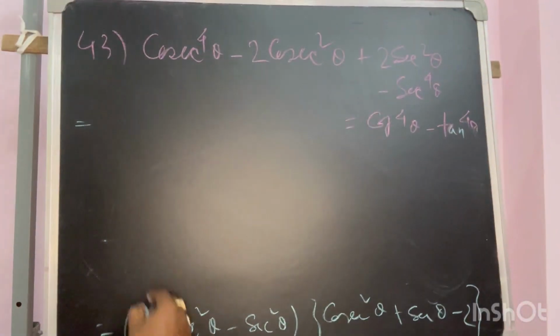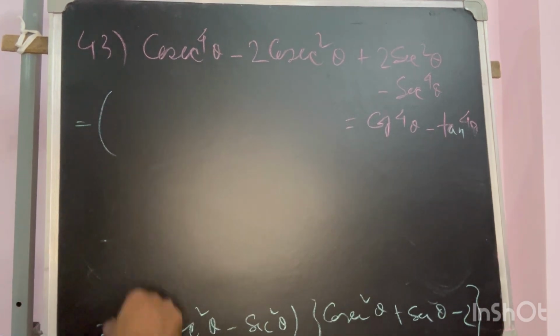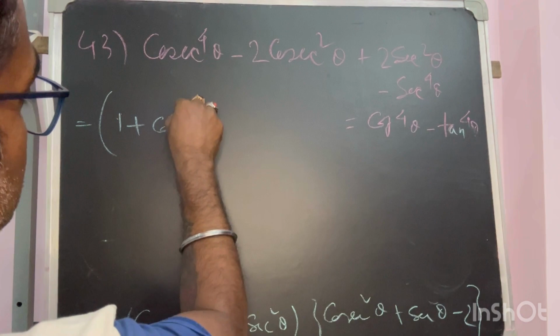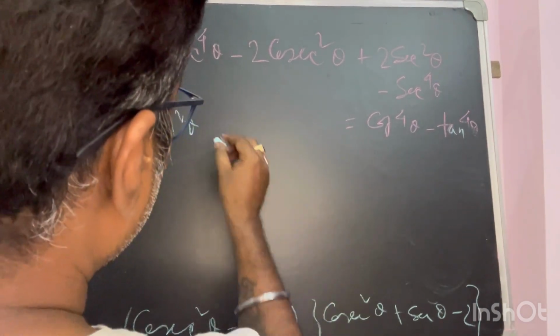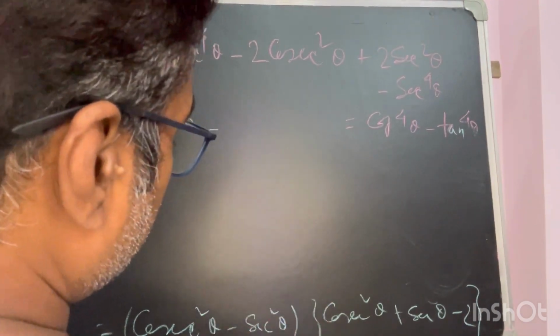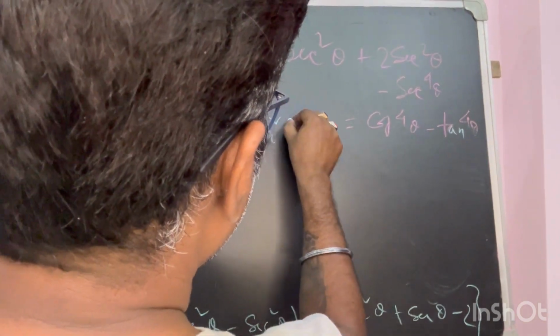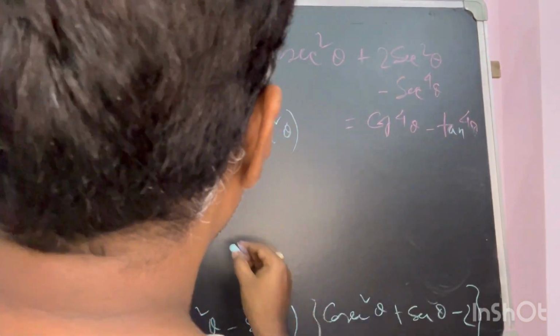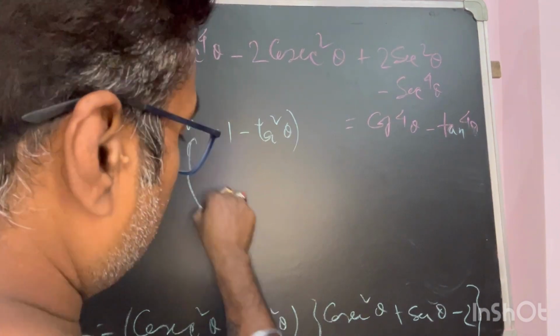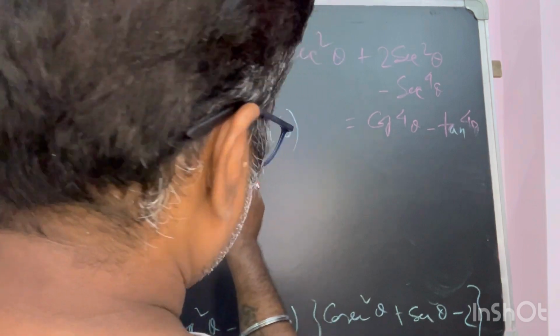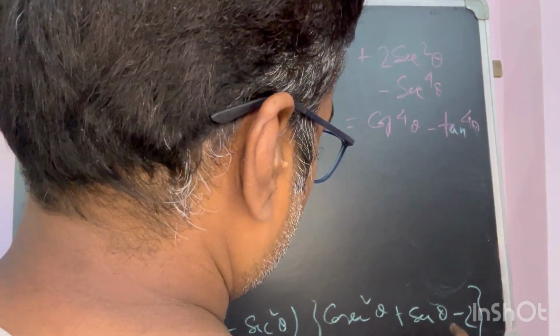Cosec square theta is 1 plus cot square theta, and sec square theta is 1 plus tan square theta, so that will be cot square theta minus tan square theta.